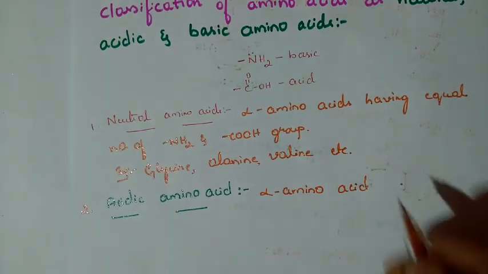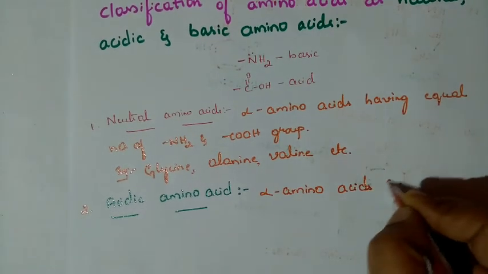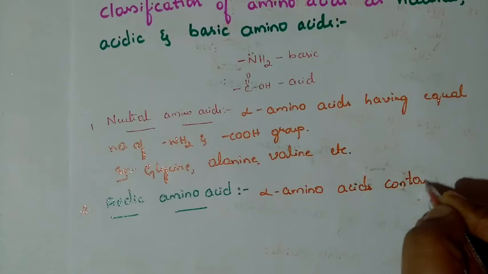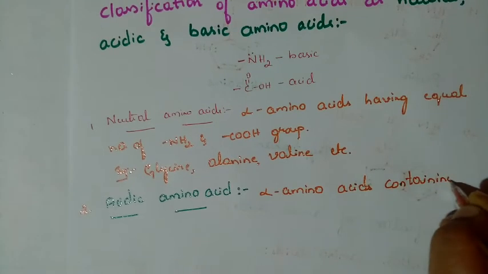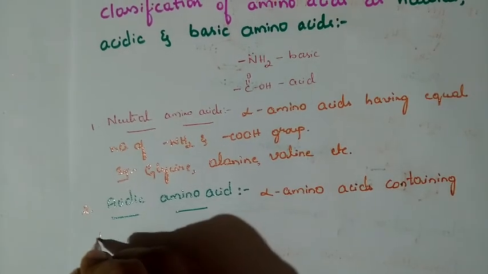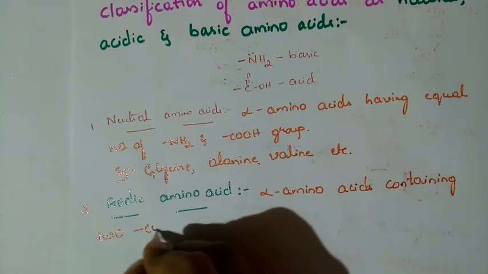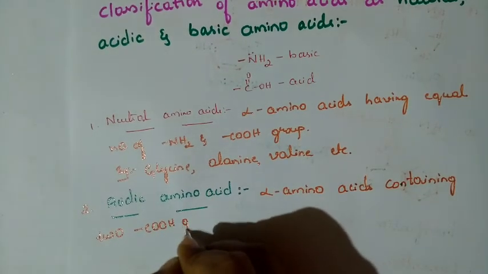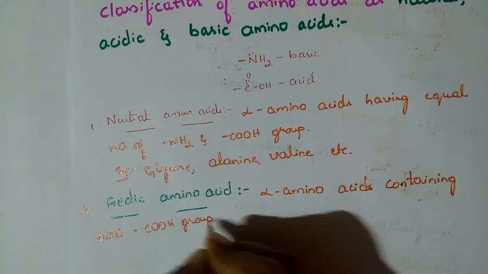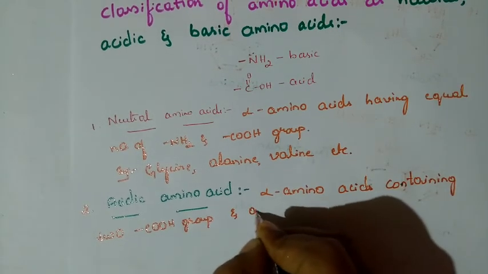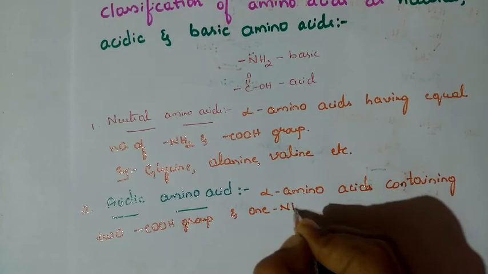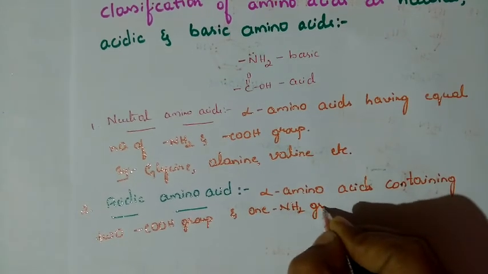So alpha amino acids containing 2 COOH groups and 1 NH2 group.